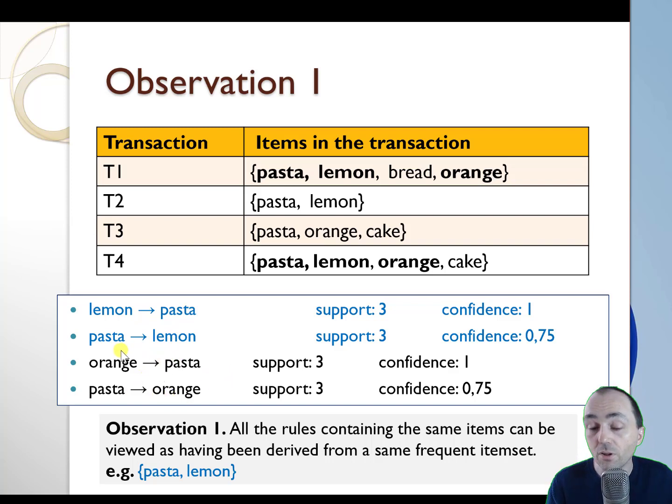Another example, here we have two other rules that contain the same items, so you could think about them as coming from the same item set, pasta orange.